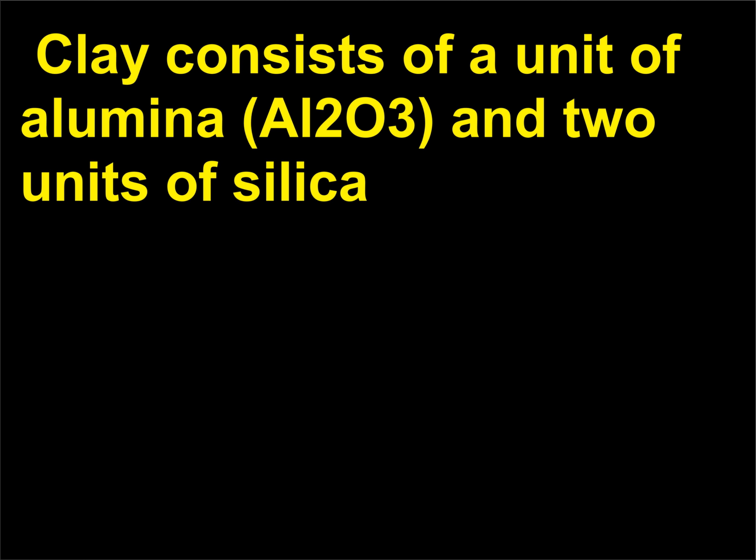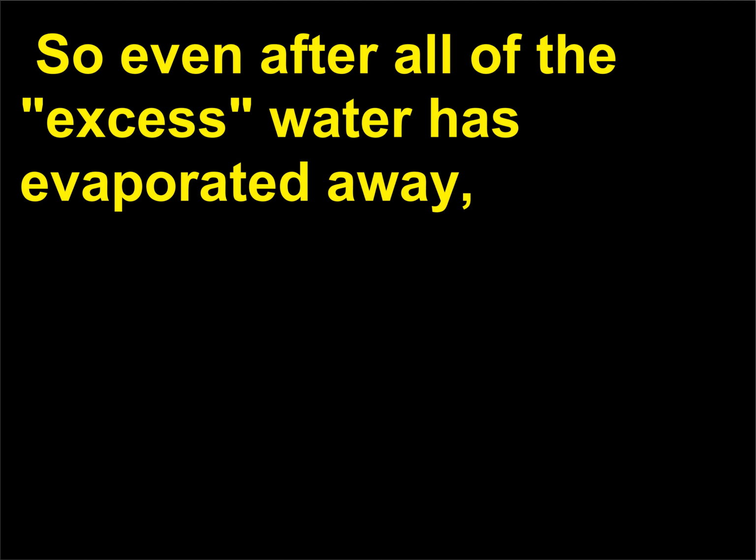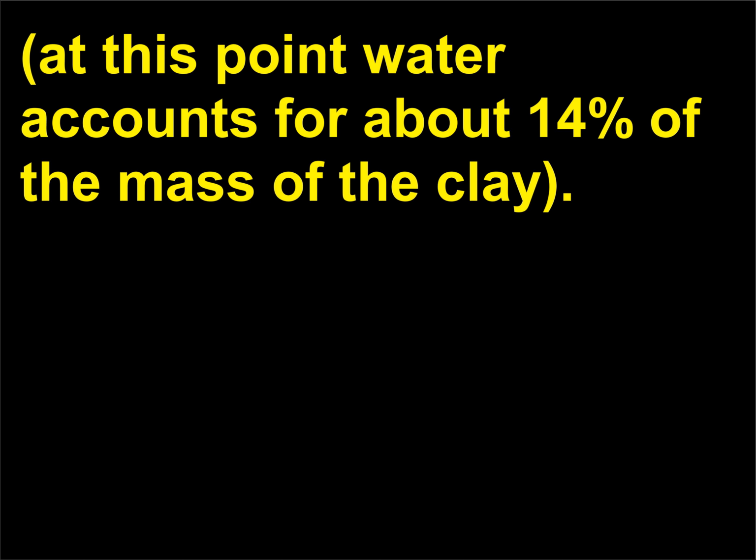Clay consists of a unit of alumina, Al2O3, and 2 units of silica, SiO2, complexed with 2 molecules of water. So even after all of the excess water has evaporated away, there is still a significant quantity of water that remains chemically bonded within the clay. At this point, water accounts for about 14% of the mass of the clay.